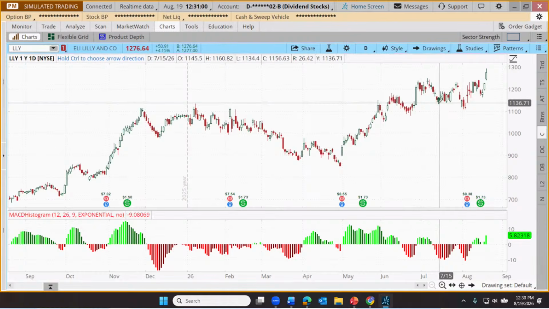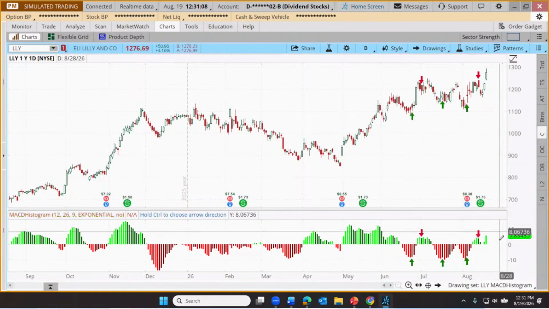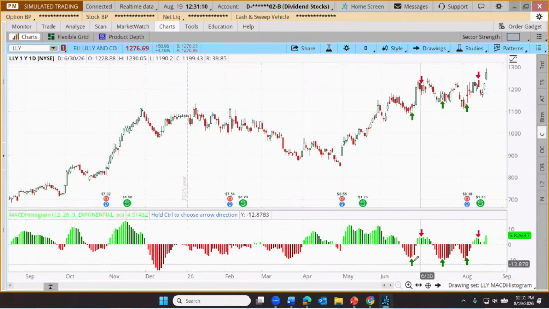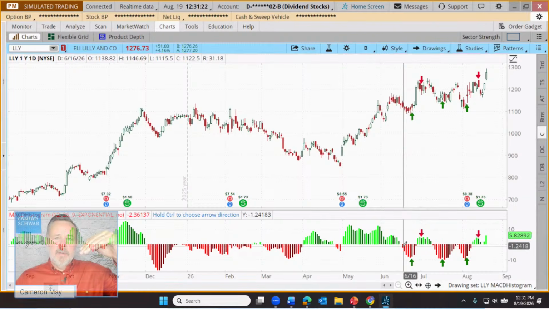So what are the trade signals? Let's add that to our chart. Here's our LLY MACD histogram. One common entry is to look for those low dips in our momentum oscillator, and there's a bit of a visual cue here. As the oscillator is going further down, we get these bright red histogram bars.